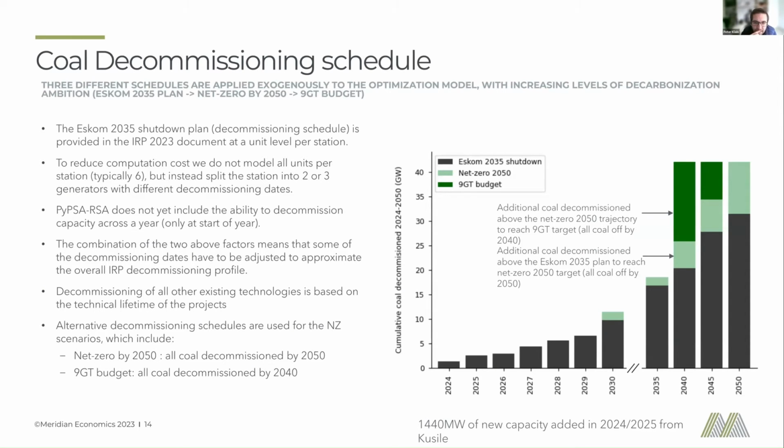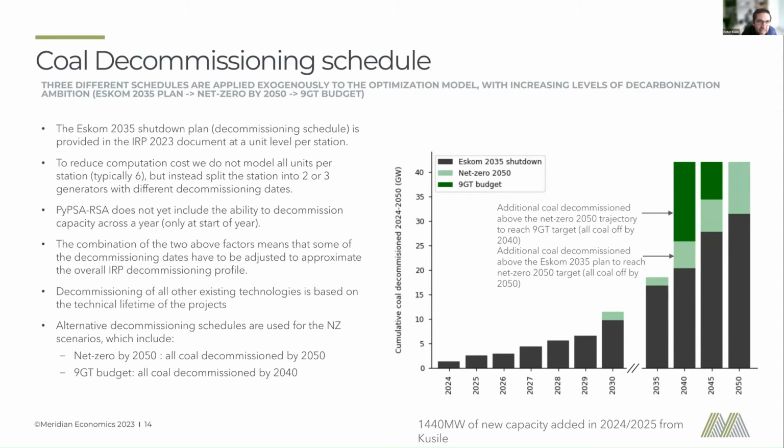Coal decommissioning, at the moment, has just three different scenarios. There's the planned shutdown, and then we have two accelerated decommissioning schedules: basically coal off by 2040, and then 2050 net zero.